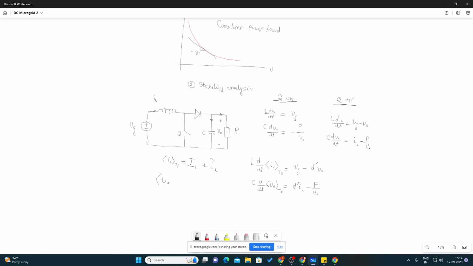Similarly, v0(t) will be some V0 plus some V0 tilde, where IL tilde is much less than IL and V0 tilde is much less than V0. This can be said.